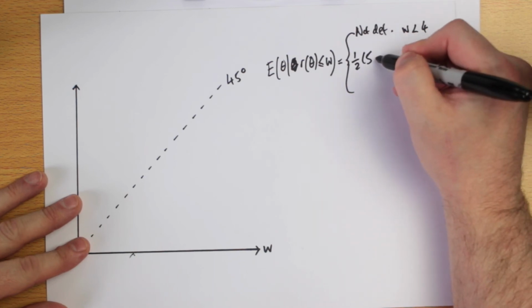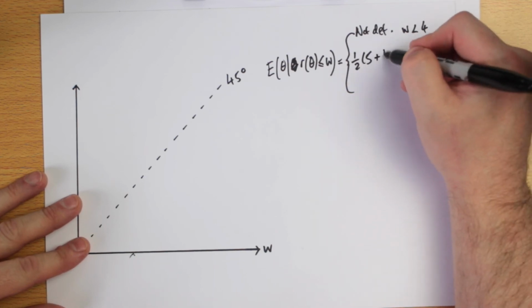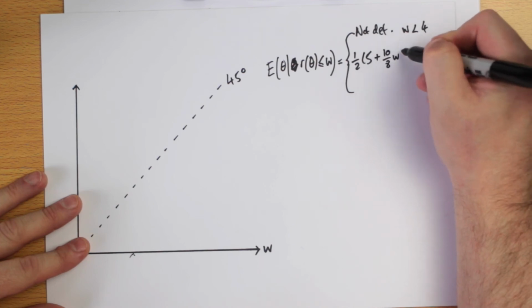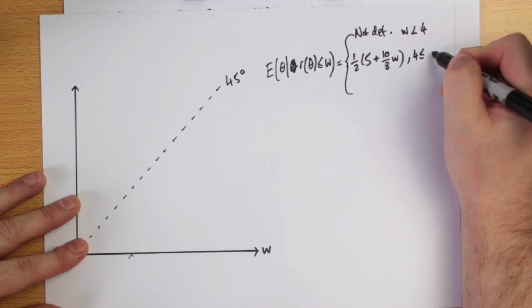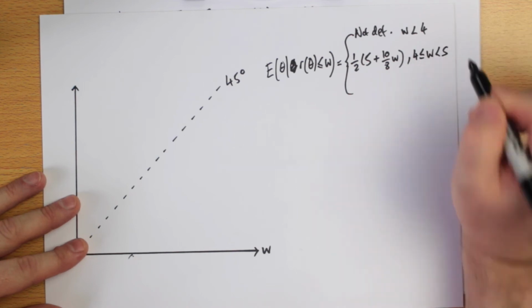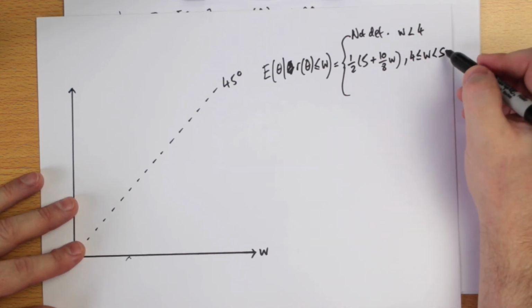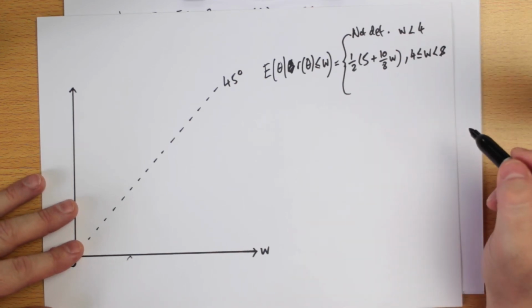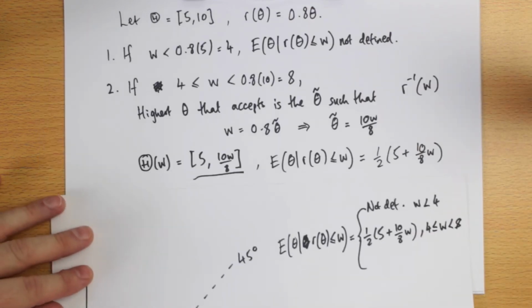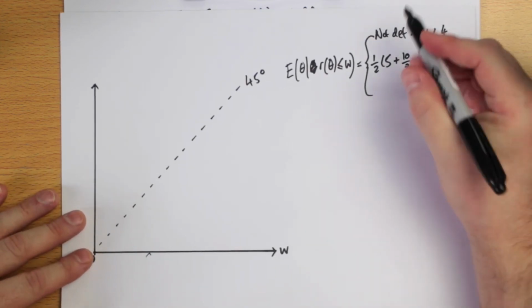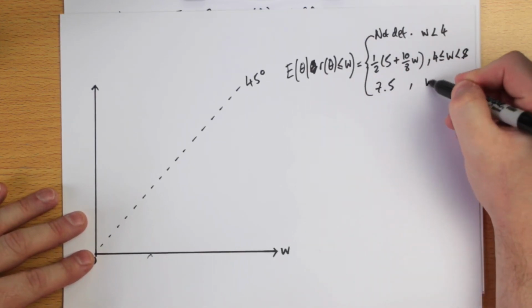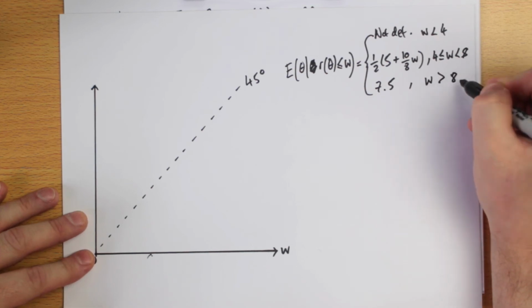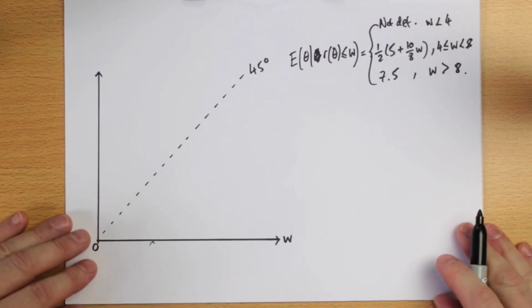It was halfway between 5 and 10 over 8 W for when 4 is less than or equal to W less than 8, apologies. And equal to 7.5 when W is greater than 8.